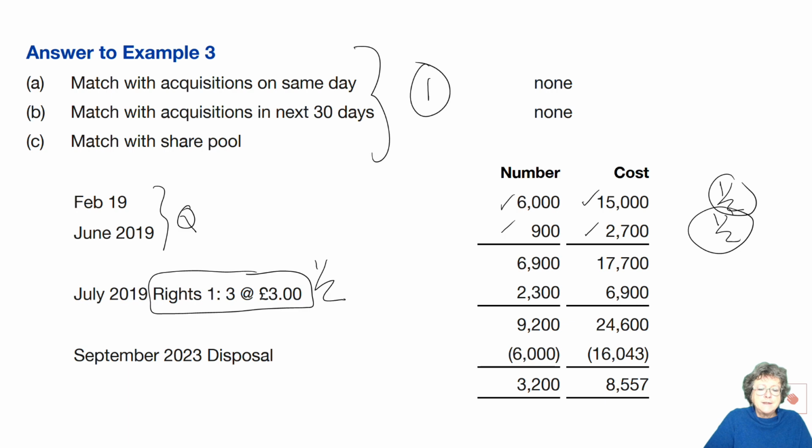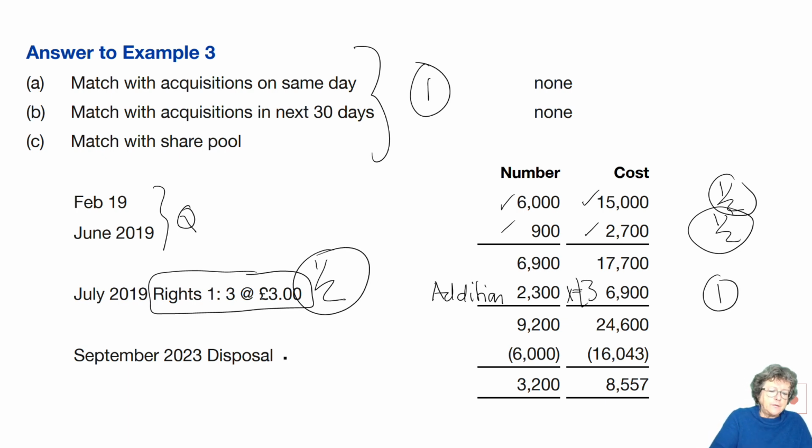So if we had 6,900 shares and we're getting one for every 3 that we own, we're getting an additional 2,300 shares, and they have to be multiplied by £3, which then gives us that. So you're probably going to get another 1 for working those figures out.